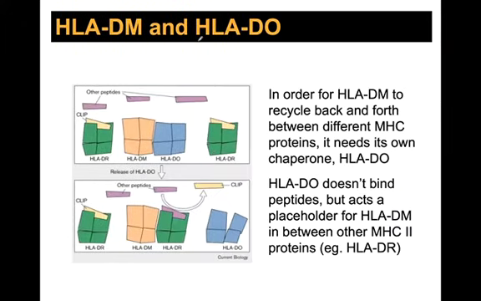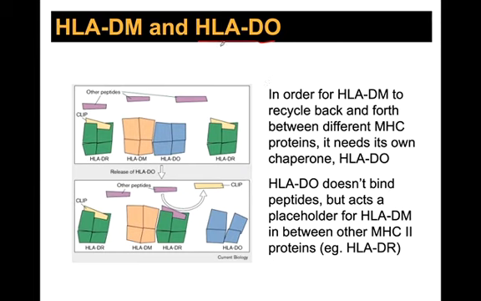Now, there's another protein that was discovered by Brian Evavold and others called HLA-DO. And by the way, if I mention somebody's name and I didn't put their picture or their name on the slide, you don't have to remember the name. It's easier for me to keep it straight by remembering who did what.